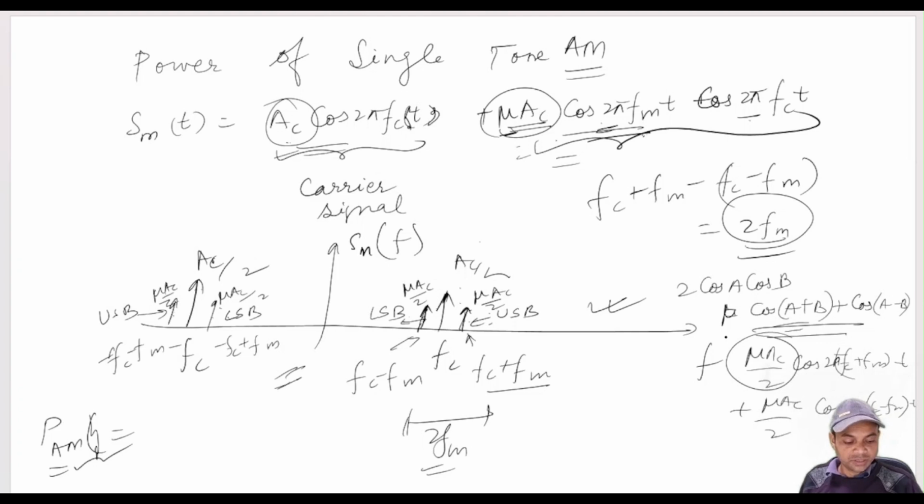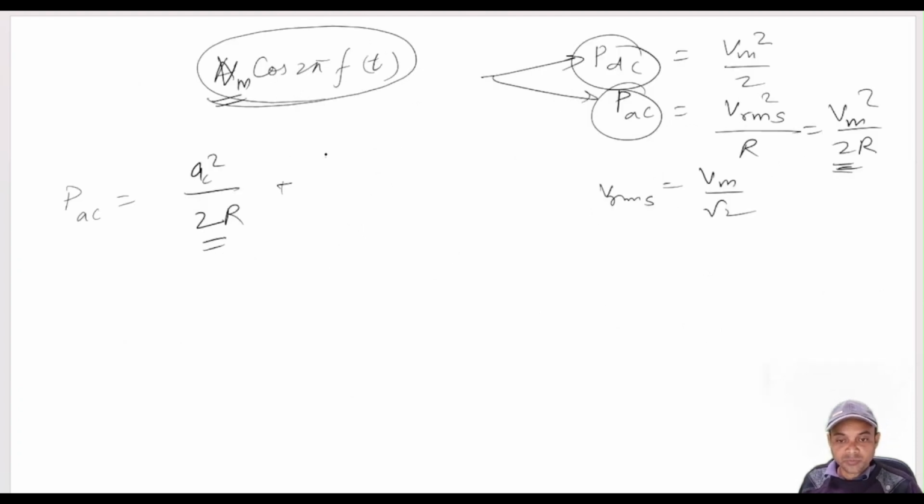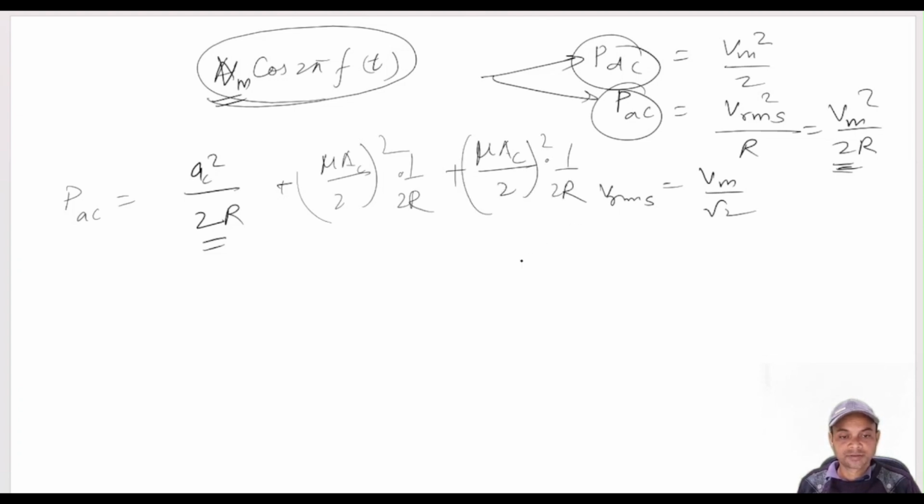Then for this we can write mu AC by 2 whole square into 1 by 2R, plus mu AC by 2 whole square into 1 by 2R, and we can take AC square by 2R in common.